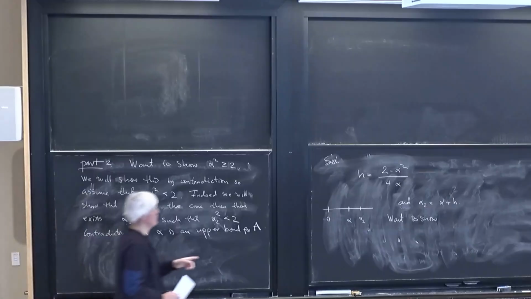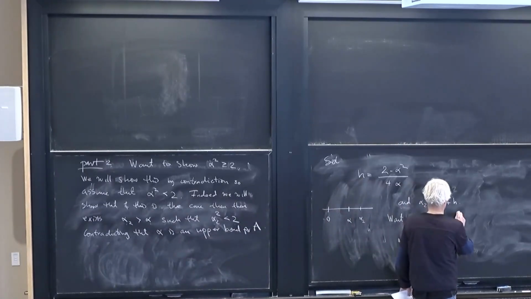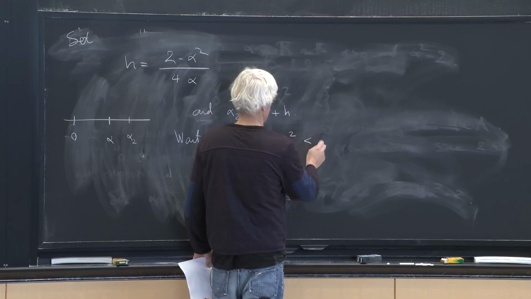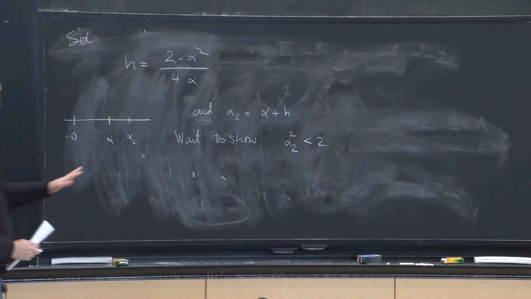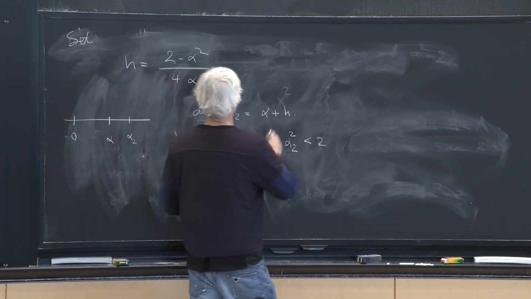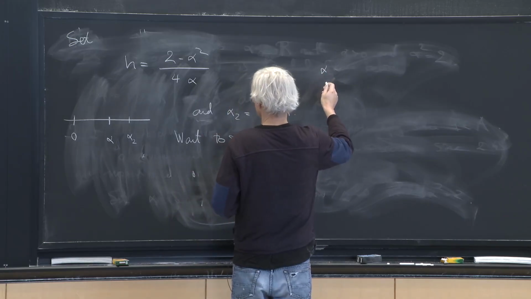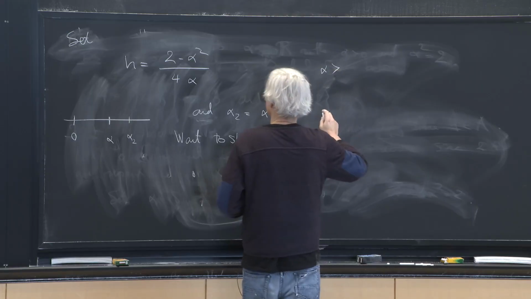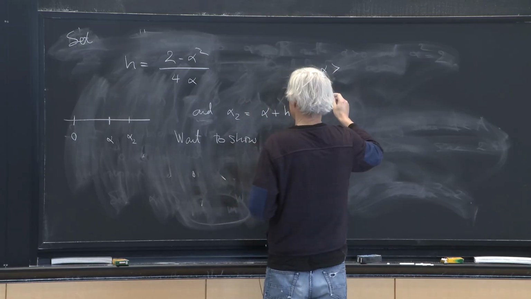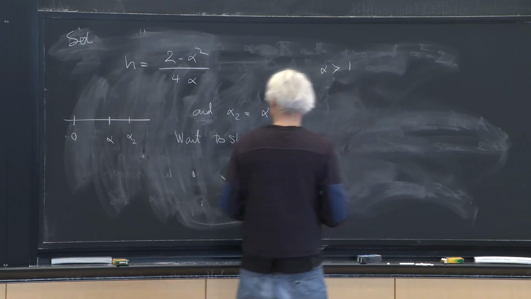So you want to prove that alpha 2 squared here is also less than 2, right? So we already have that alpha is positive, it's bigger than 1.